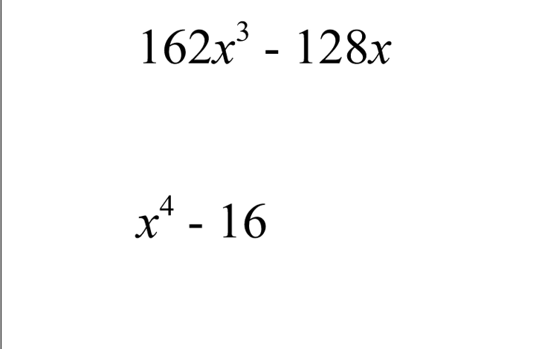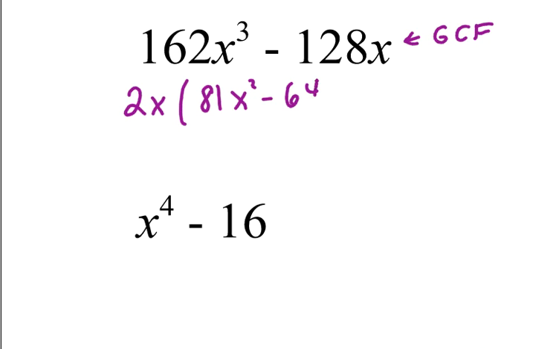Hopefully you did that. Looking at this right away, it doesn't seem to follow difference of squares, but I actually have a greatest common factor, or a GCF, in here first. So I have 162x cubed minus 128x. I can actually pull out a 2x out of both of those. I'll be left with 81x squared minus 64.